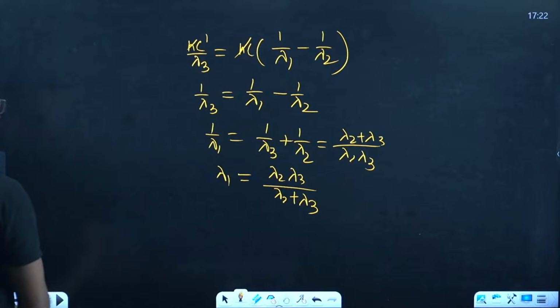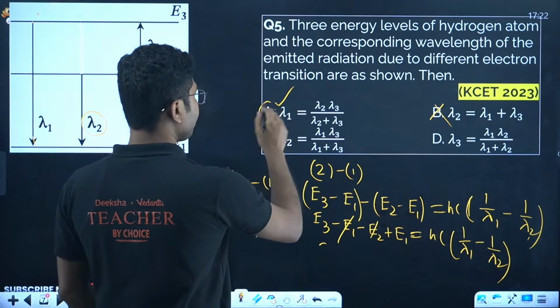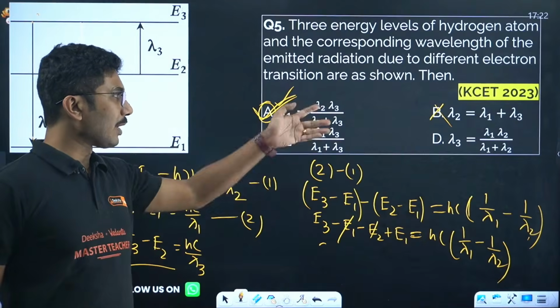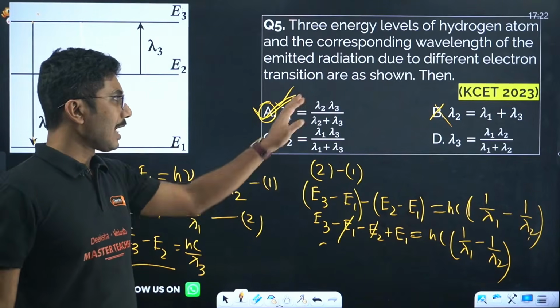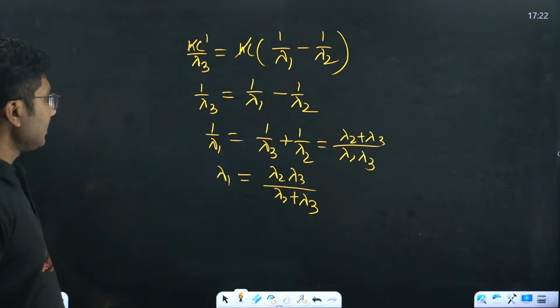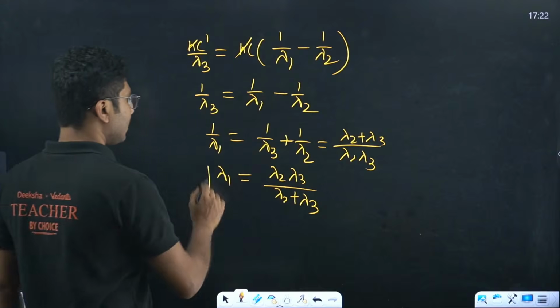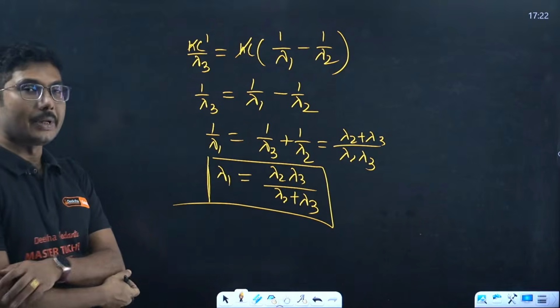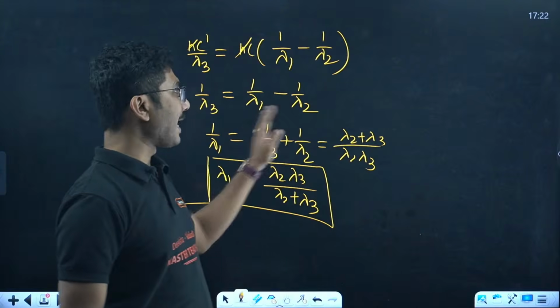So if you see that, the correct answer is coming out to be option A. Having the knowledge that this can give me 1 by lambda 2 plus 1 by lambda 3, I have chosen lambda 1, and that's how we got the answer. Remember, wavelengths cannot be added directly, they can be added reciprocally.